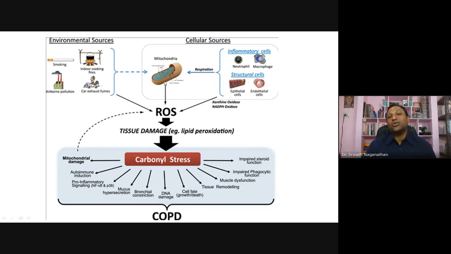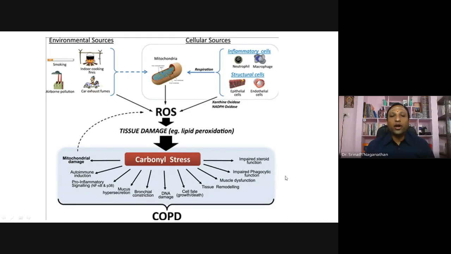The damage takes place in the mitochondria and also in other things, like tissue damage, lipid peroxidation, and carbonyl stress. There are different damages that can occur in our body, like mitochondrial damage, autoimmune induction, pro-inflammatory function, then impaired steroid function.